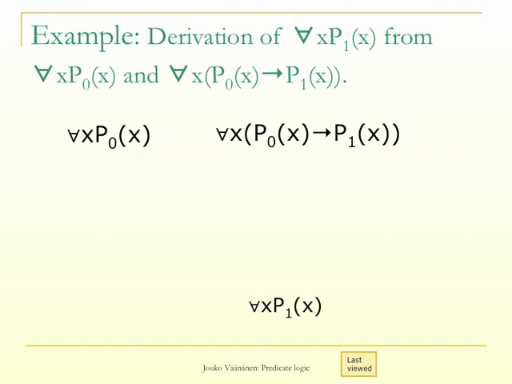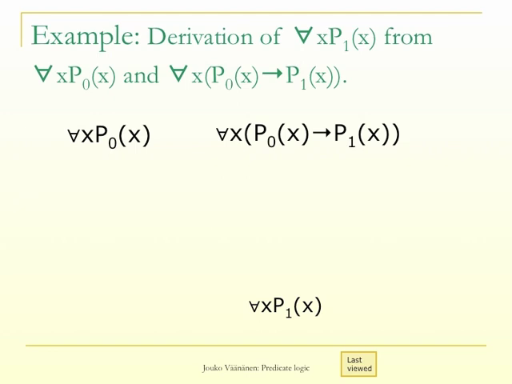The idea is that we eliminate the universal quantifiers and we get an implication p0 implies p1, and on the other hand we get p0 x, and then we use implication elimination to get p1 x, and then we introduce universal quantifier.